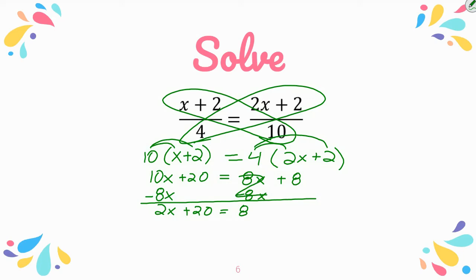And then I'm going to go ahead and get rid of my 20, subtracting 20 from both sides. That will leave me with 2x equals negative 12. Then I can divide both sides by 2, which will leave me with x equals negative 6. And I'm all done.